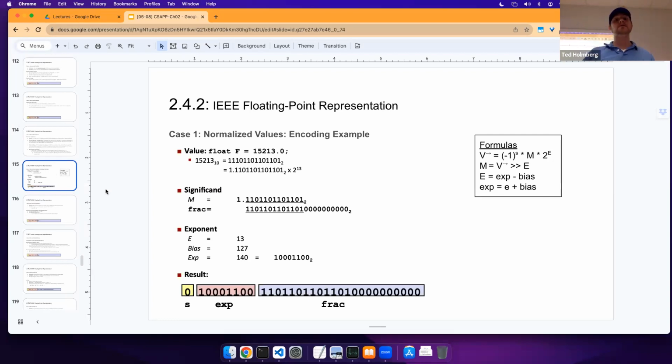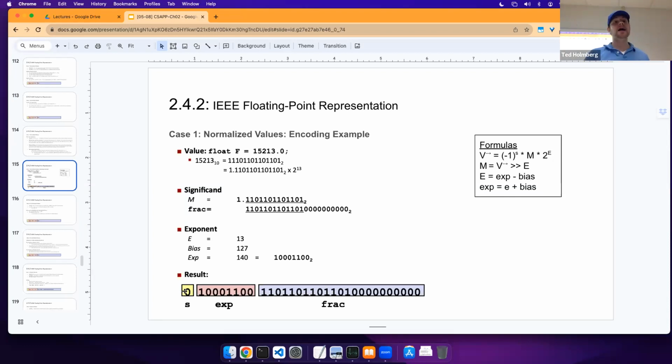In this case, it'd be 13 plus 127, and that gives me 140, which is represented as this binary string here. So my frac value comes from this math here. My exponent field comes from this computation of our E term plus the bias, which is based off of the word size that we have for our exponent field.